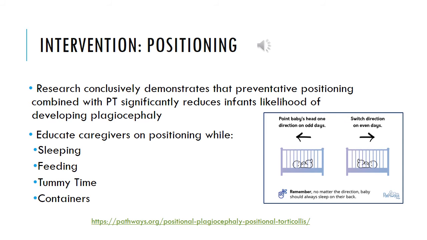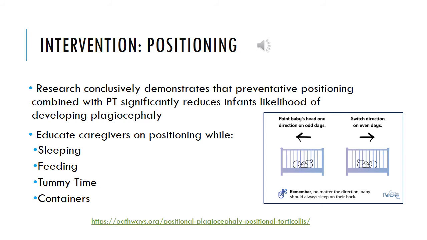So you can see the picture to the right, which comes from the Pathways organization for parents, that you want to alternate the position of the child in the crib so that the head points in one direction on one day and the opposite direction on the other day, and you would alternate that. That way, if they're rotating to look towards the door, they're getting that alteration between right and left sides.